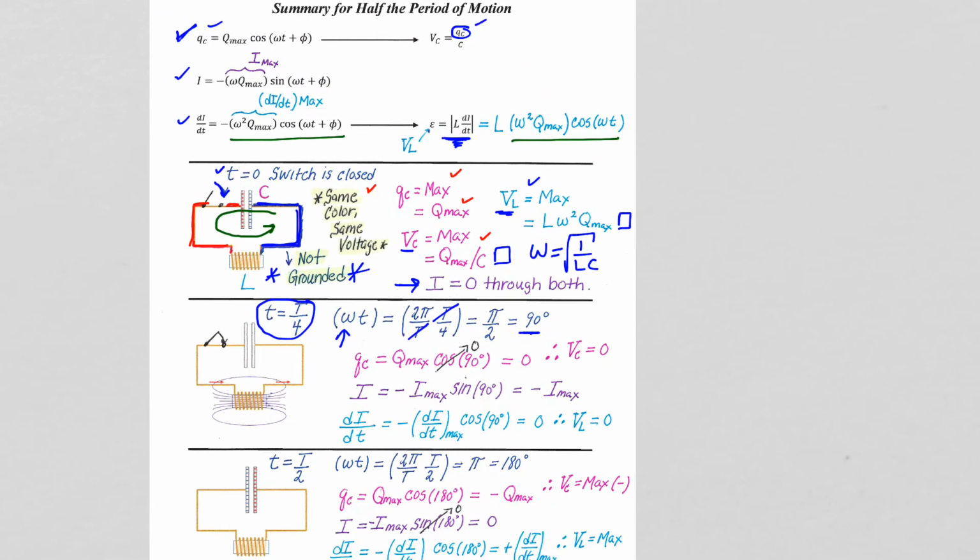So we would simply plug the 90 degrees back into our Q equation, the 90 degrees back into our current equation, and the 90 degrees back into our di dt equation to get, at this point in time, no charge on the capacitor. We have our maximum speed, our maximum current.